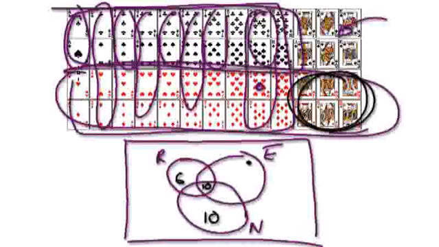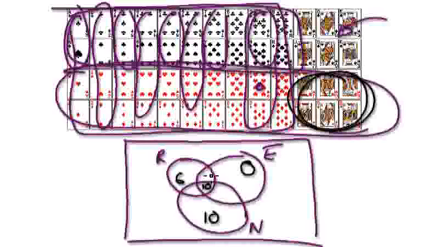Number would be all these here, and we want even but not a number. Well, it's got to be 0 here, because there's no card that's even but not a number card. If you're getting lost, press pause and try and think about it.